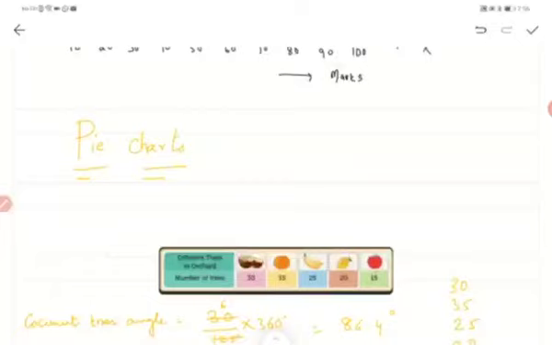So today we are going to study about pie charts. Okay. So this is the last part in the presentation of data. It is pie charts. You need to learn about it. Whenever we represent and present the data, what is the need of presenting the data?